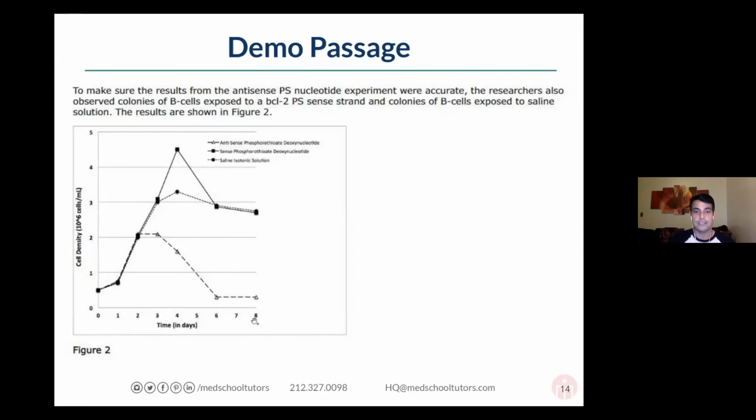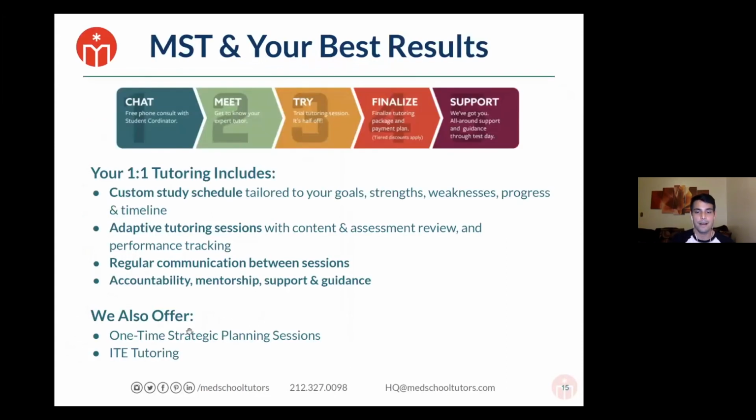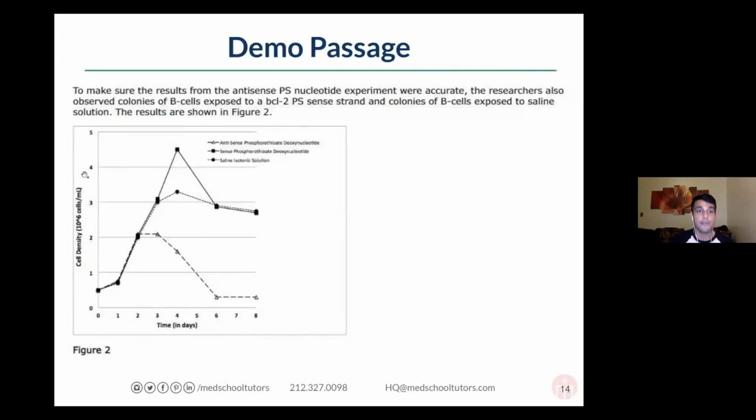On the x-axis, we see time in days. On the y-axis, we see cell density in 1,000,000 cells per mL. The dependent variable is on the y-axis, and the independent variable is in these different lines. Antisense is the one with triangles, sense nucleotide is the one with squares, and the saline control group is the circles.